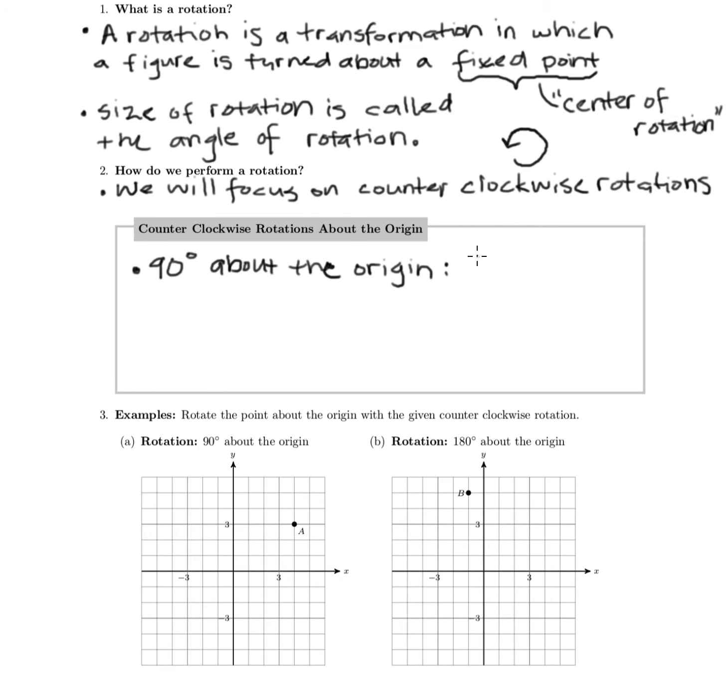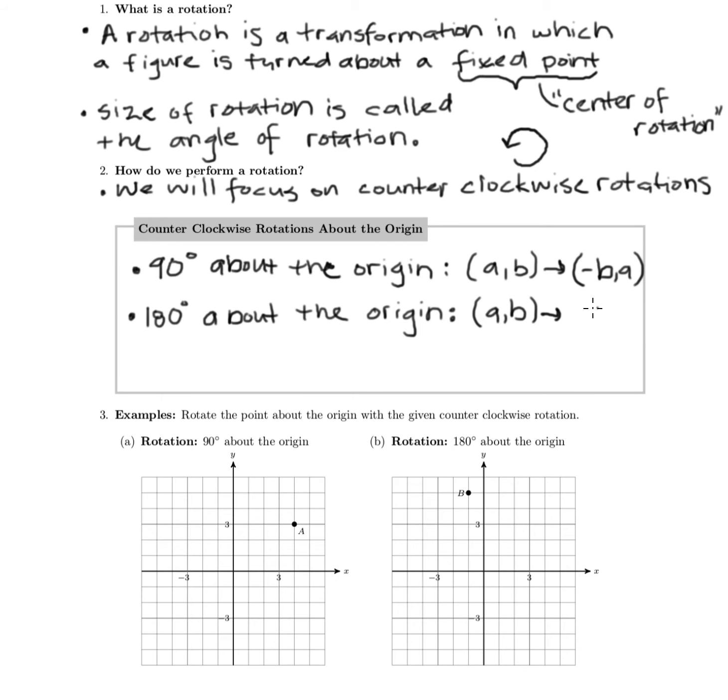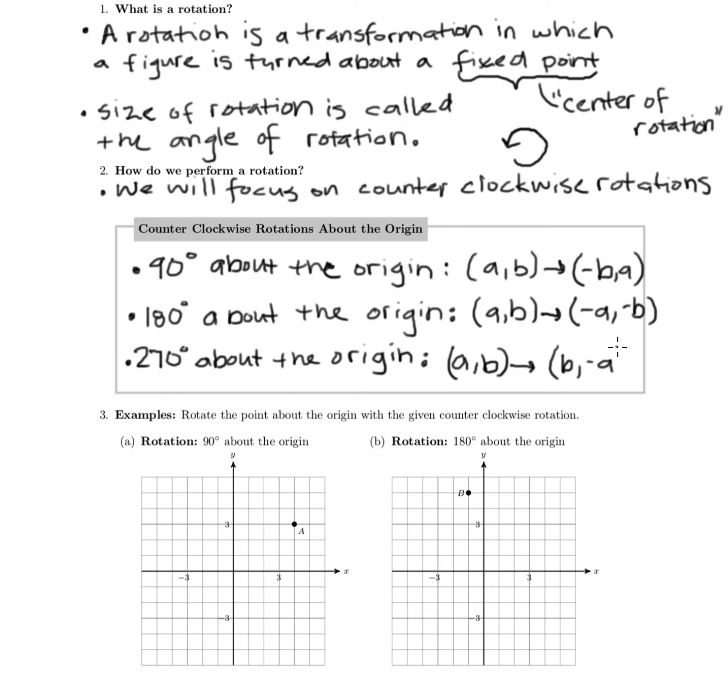It is when you take the ordered pair A comma B and you rotate it to negative B comma A. The 180-degree rotation about the origin is when you take the ordered pair A comma B and you rotate it to the ordered pair negative A comma negative B. And finally, the 270-degree rotation about the origin is when you take the ordered pair A comma B and you rotate it to B comma negative A.